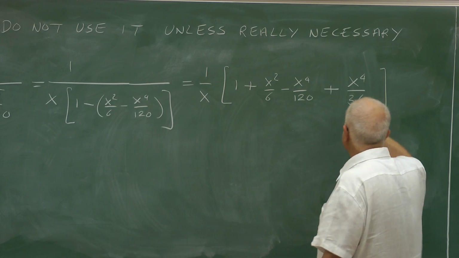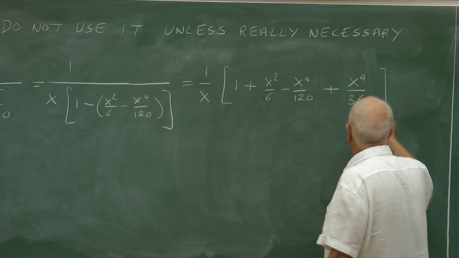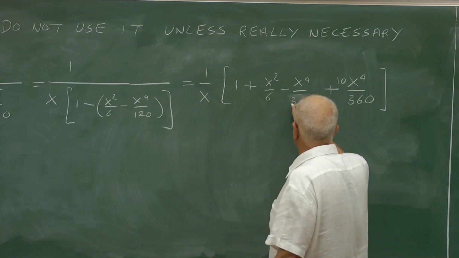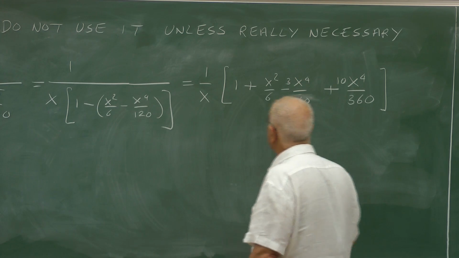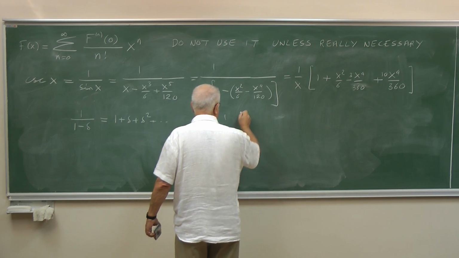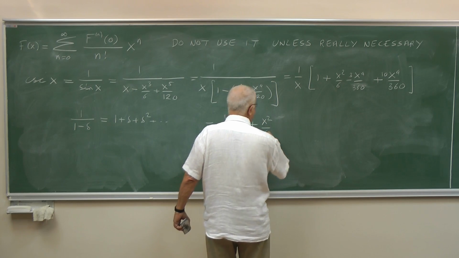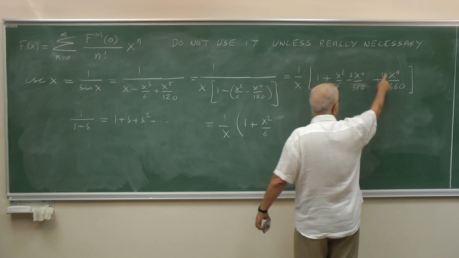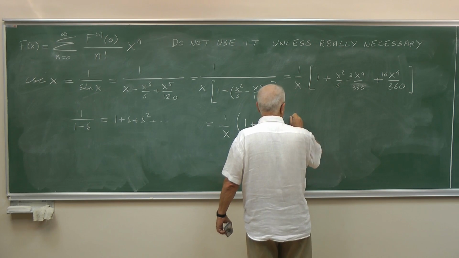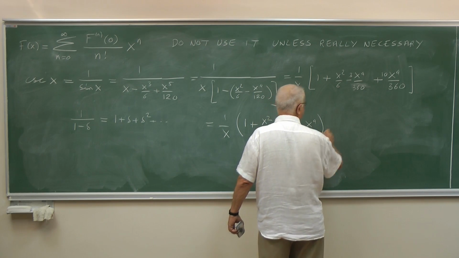So the thing is to combine these. So this will be 360, 10, and this will be 363. So it will be 1 over x times 1 plus x squared over 6, then 10 minus 3 plus 7 over 360 x to the 4th.